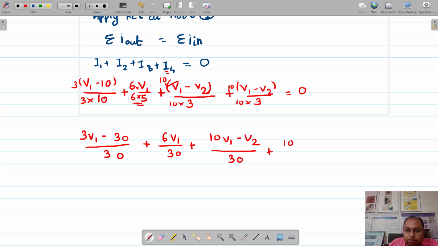Sorry, this is also multiplied by 10, right? Okay, so let me rearrange it. Minus 10v2, here also 10v1 minus 10v2, divided by 30.